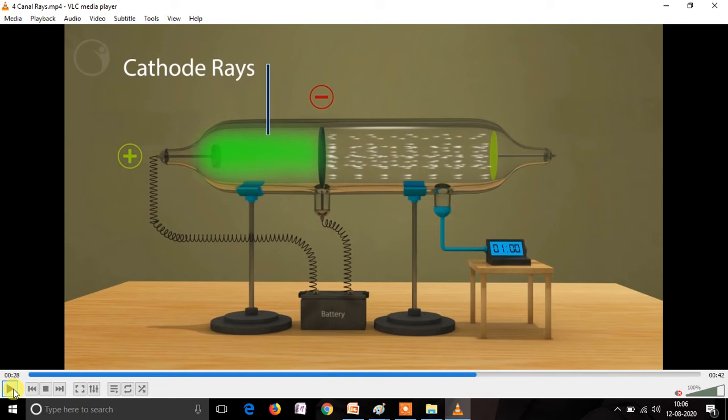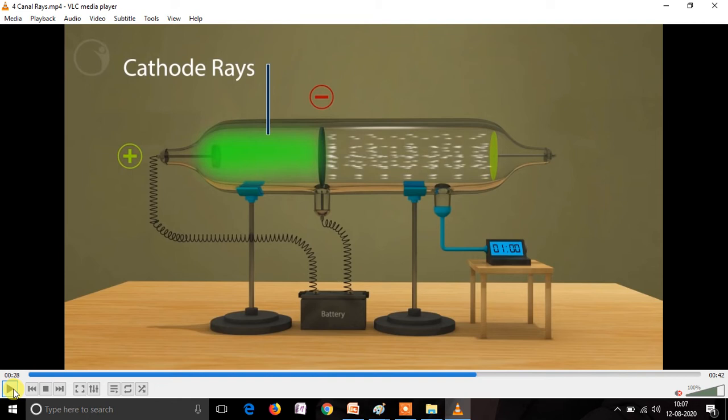Now the thing to be considered is, the zinc sulfide screen is glowing because of certain particles, and those particles must be emitted from the anode towards the cathode, and they are passing the cathode and striking on the zinc sulfide screen. This means that certain particles are being emitted from the anode also.